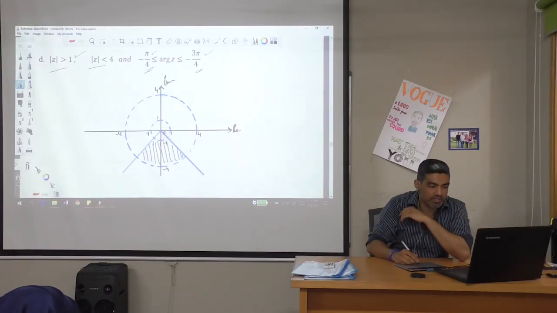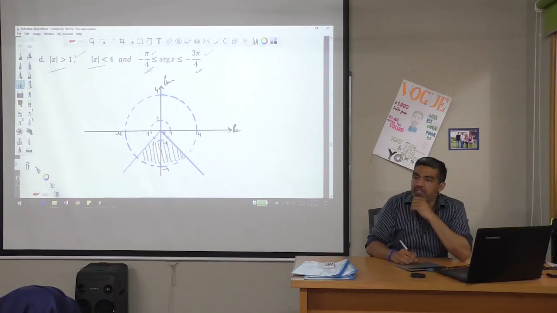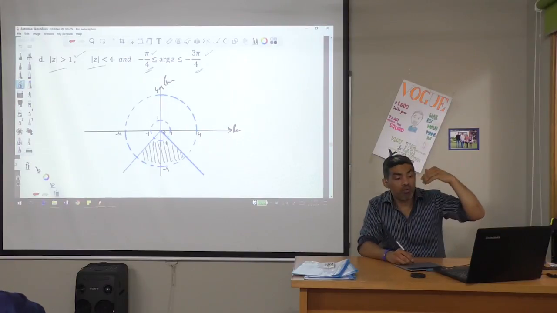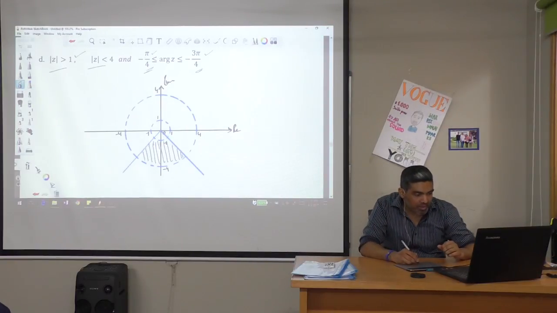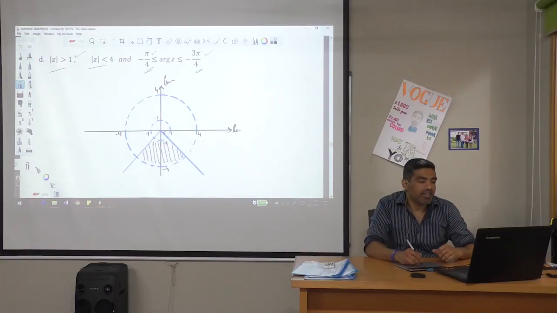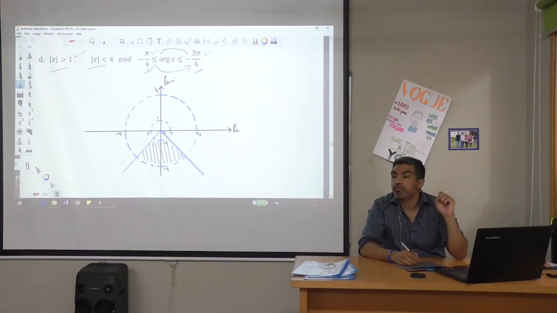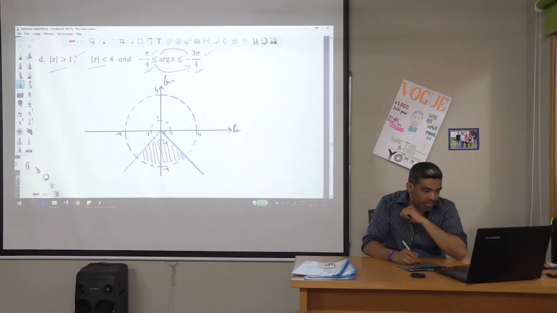It's not inside the smaller circle. Above the smaller circle and within the bigger circle. It's from minus 3 pi by 4 to minus pi by 4. Yes, I wrote this the wrong way around, it should have been here. It says greater than 1. Yes, you are outside 1.